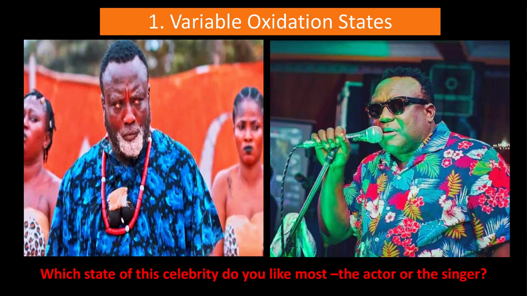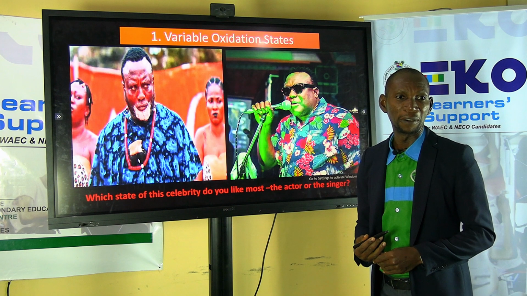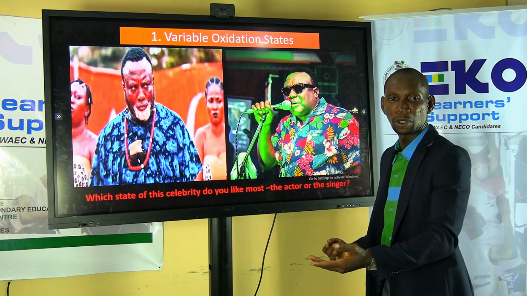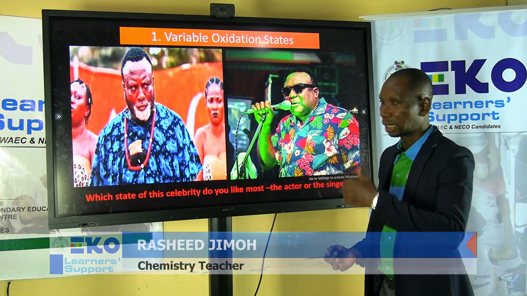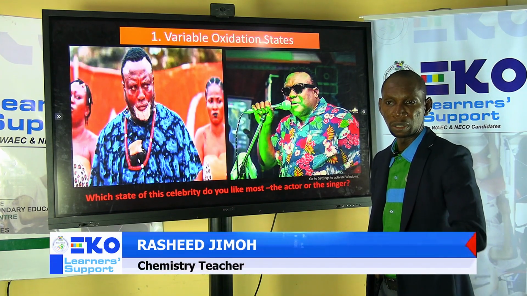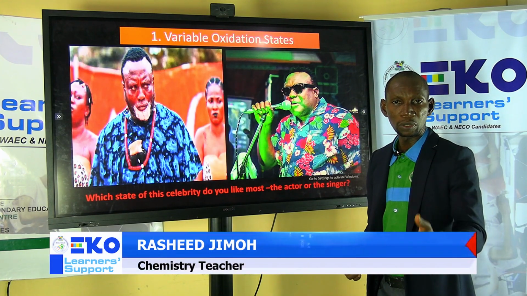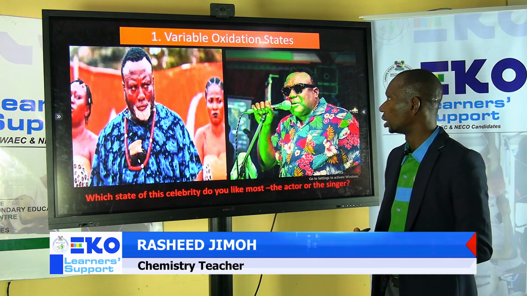You can see Saheed Osupa here being the actor on scene and also being on stage performing. He can be an actor, he can be a musician. So transition metals can have variable oxidation states, +1, +2, +3. They can change their states.